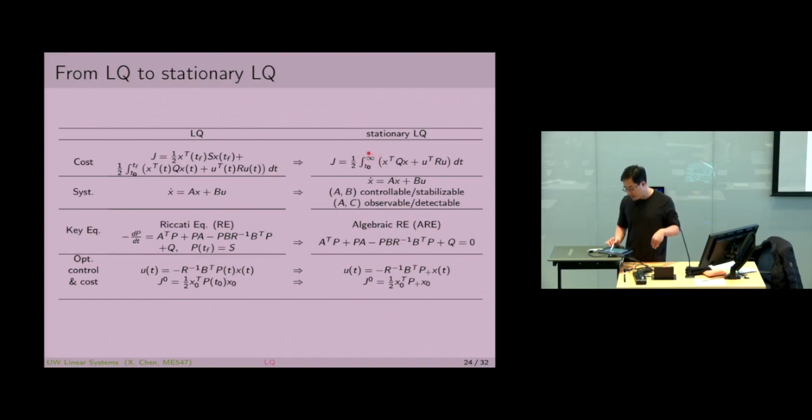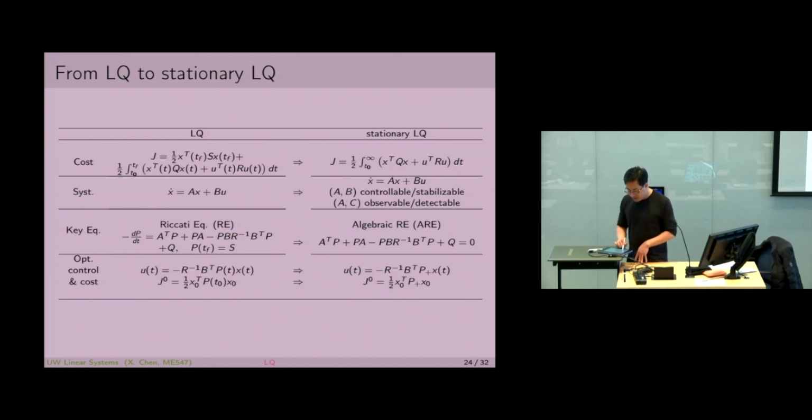But if we think about the problem in an infinite horizon, then the conditions are a little bit stronger. We need controllability and observability. In the Riccati equation, if the time is sufficiently long and P converges, then the left-hand side becomes 0, and we only have this algebraic equation. There's no derivative of P. It's A transpose P plus PA minus this quadratic term about P plus Q equals 0.